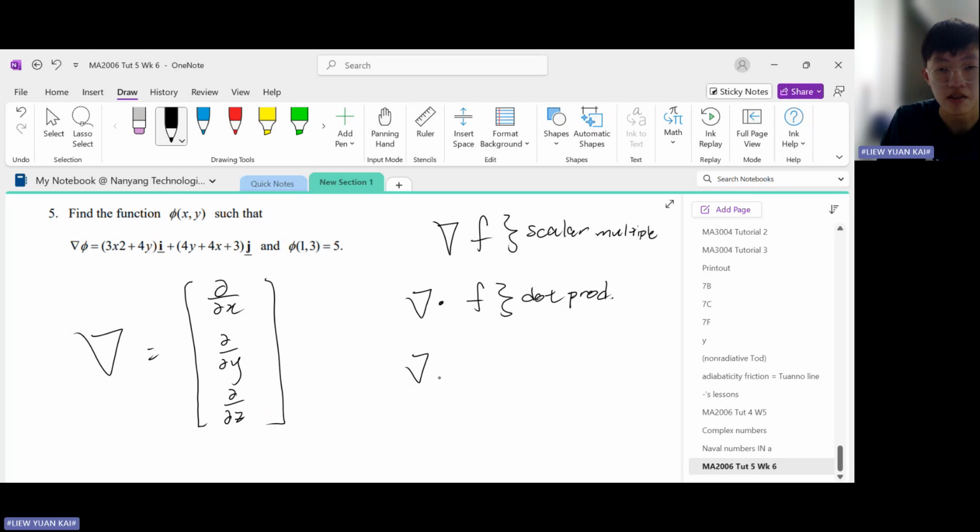And then lastly, we can do cross product. Yeah, you can do all these three operations with this definition of Nabla. You just treat this just like any other vector.